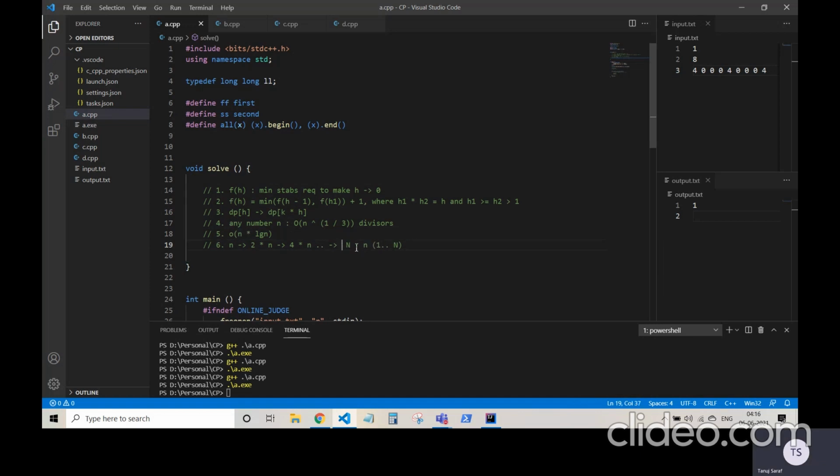I want to go till some multiple, it may not be exactly n, but this is the endpoint. Till here I want to go, and I would be iterating over all multiples of all numbers in this range from 1 to capital N, right? And I say that the complexity of this is n log n.